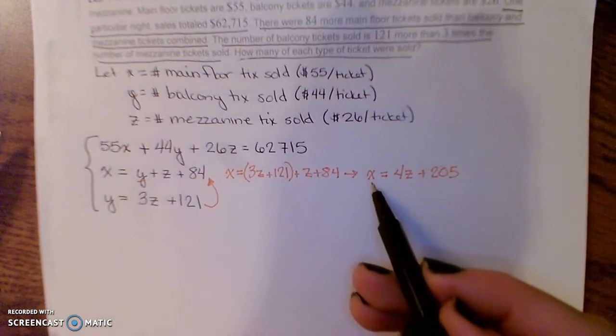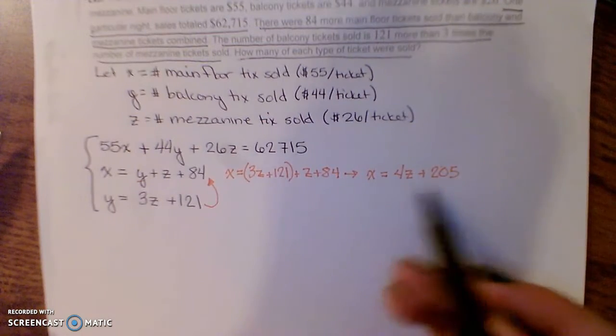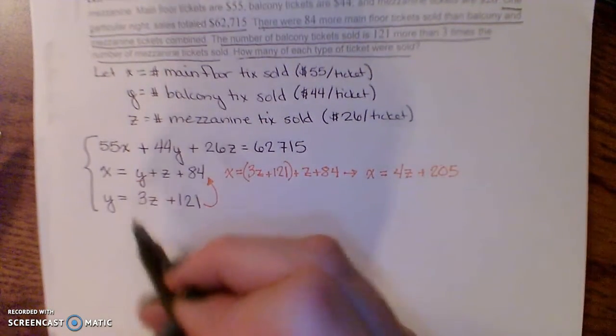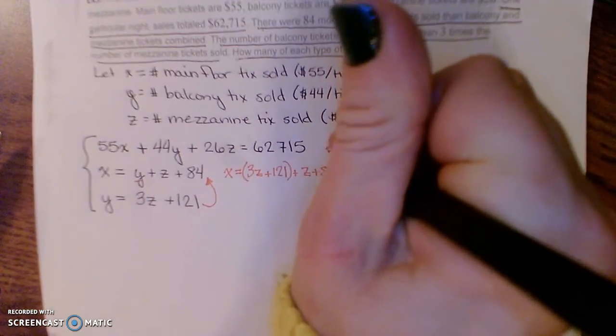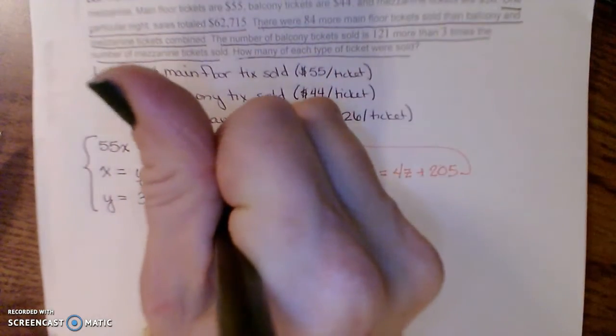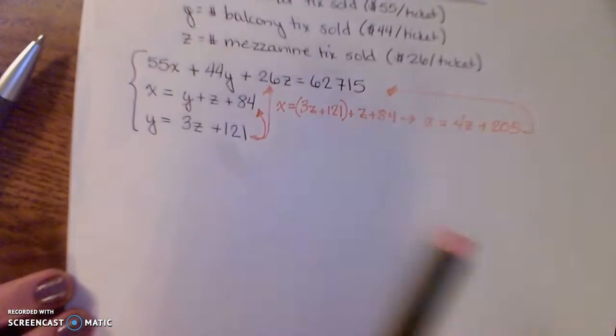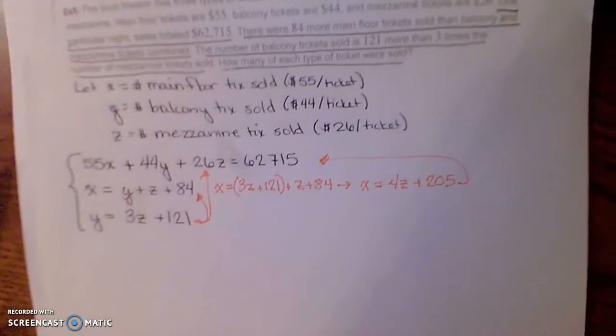All right, and now that I have what X is equal to in terms of Z and what Y is equal to in terms of Z, let's plug both of these into that first equation. Let's write down what we get.